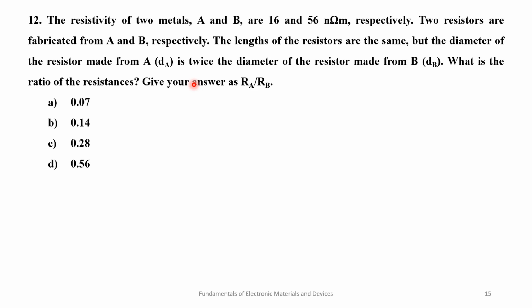So basically it is the same equation, resistivity, resistance, length and dia. R is equal to rho into L by A. Only thing is, in the area term we have pi r square, but that has a ratio. That is, dA is twice of dB. So based on this statement, if you convert both of them into dA and dB, that ratio value you can get. You have to find the answer for RA by RB. So can you try?